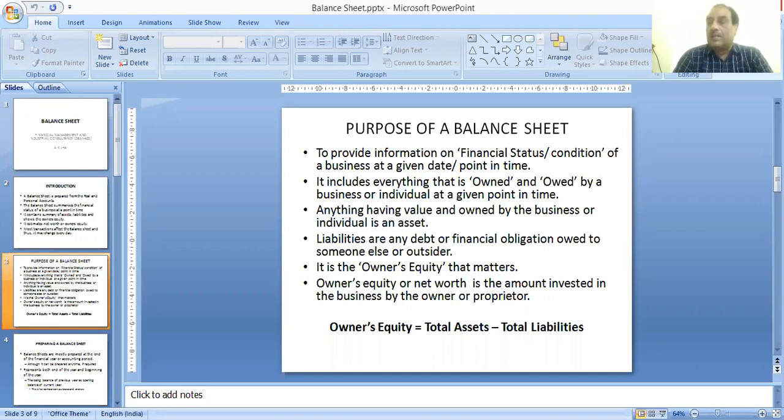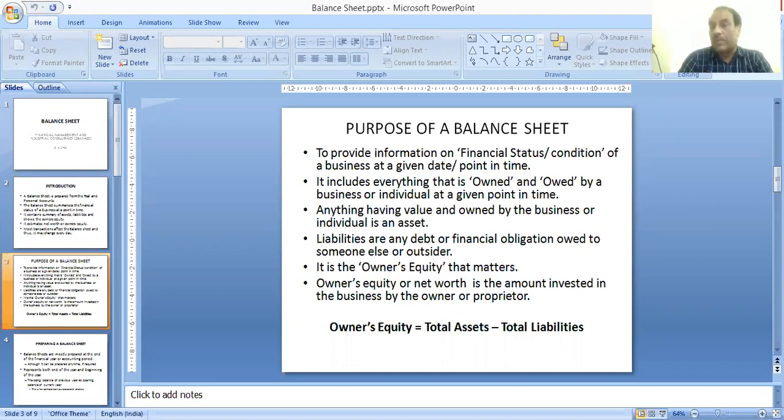So I incur more liability than my assets, and thus on the basis of this balance, means the owner's equity, one can easily judge, one can easily understand that I am overloaded with the debts. I have more liabilities than the assets, and this is the advantage.